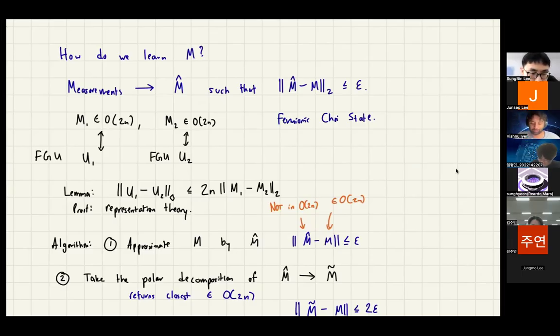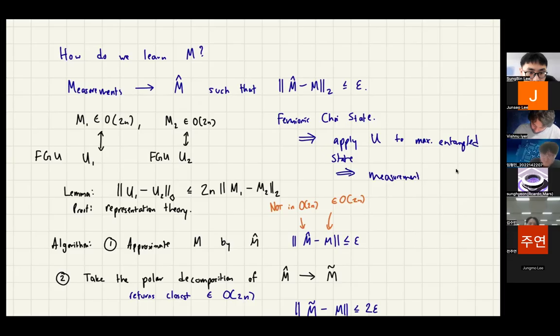You apply the unitary U to a maximally entangled state, and there are certain measurements that give you M hat.